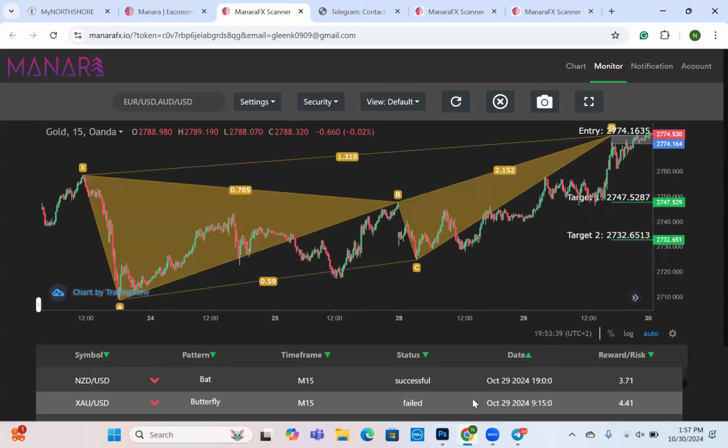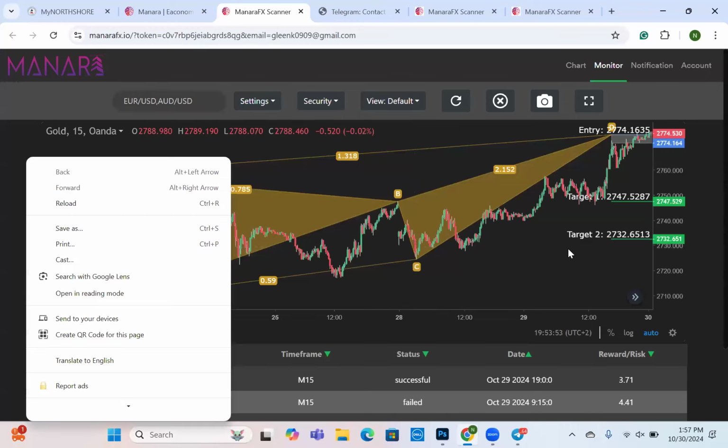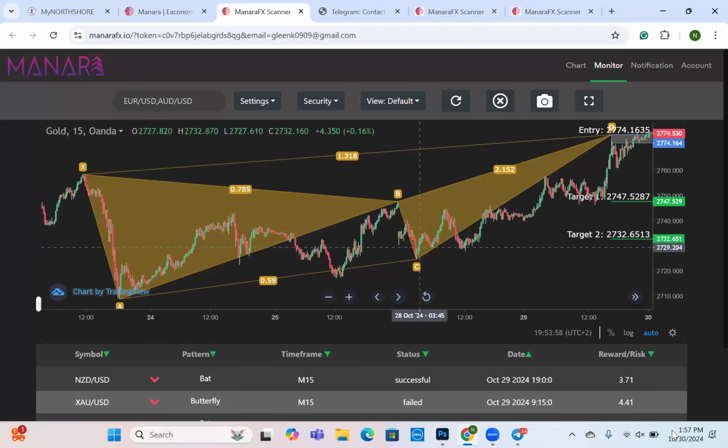Please, try and drag this thing very well so we can see. Maybe you want to minimize it or increase it. I think it's minimized now. So we can see the whole thing. When they say a trade is stop loss, it means failed.